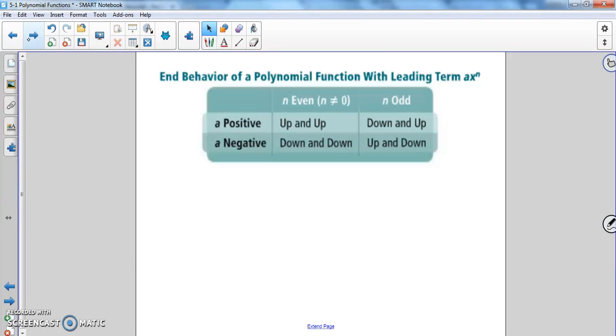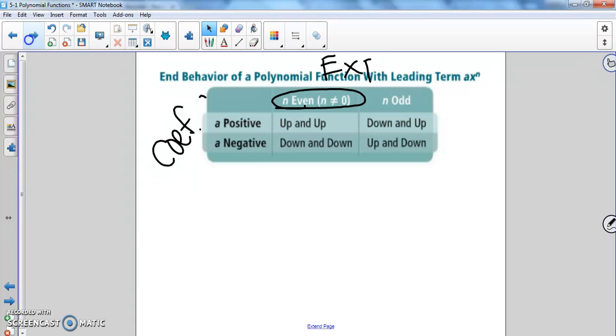So whether a, the coefficient, is positive or negative, and whether n, the exponent, is even or odd, will tell us our end behavior for the left and right side of our graph.